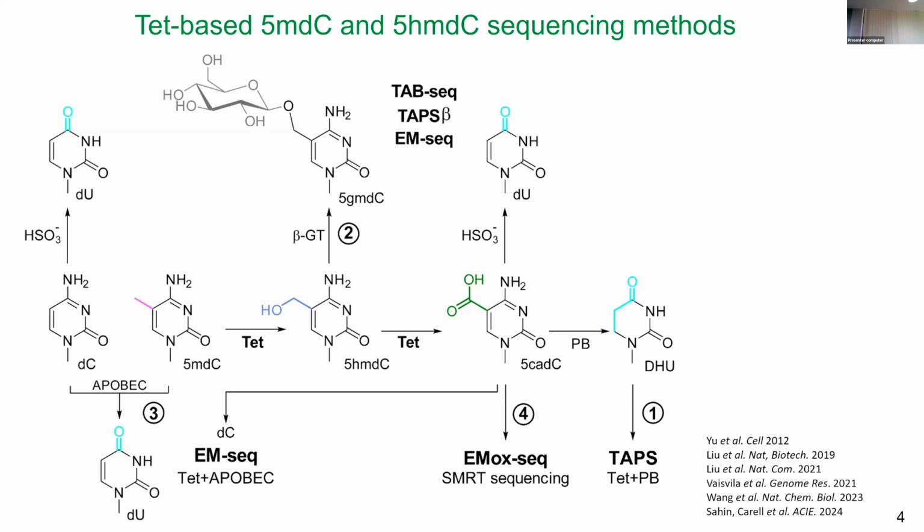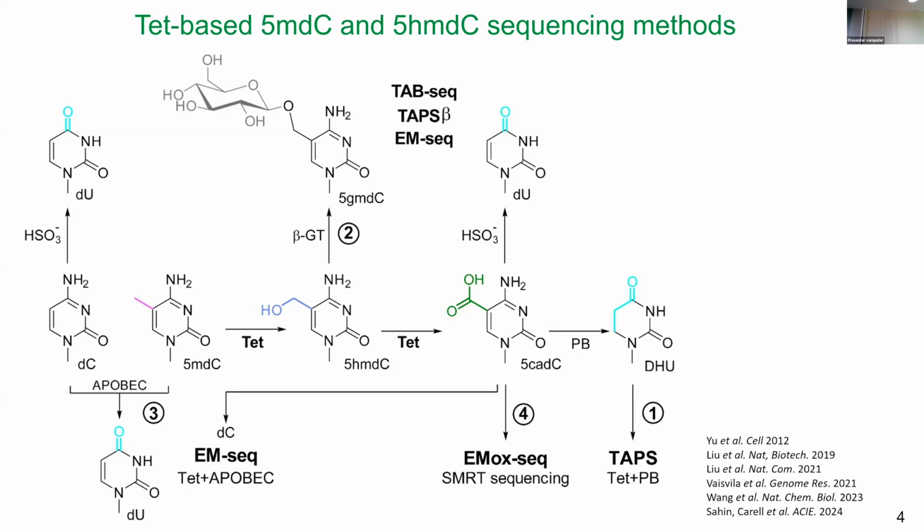Recently, the Thomas group developed a method where you can directly read out the position of carboxycytidine in a single-molecule sequencing method. Therefore they developed a really efficient TET enzyme, because a lot of these methods have the problem that TET enzymes, if you use TET2 for instance, are not so stable and not so active, so they developed a really active TET enzyme.